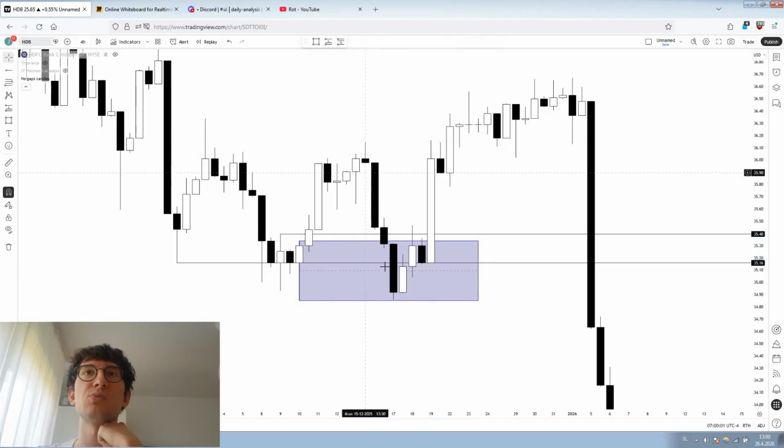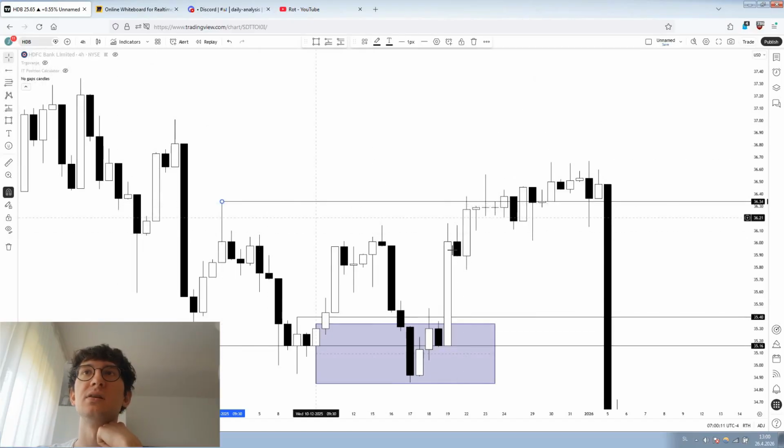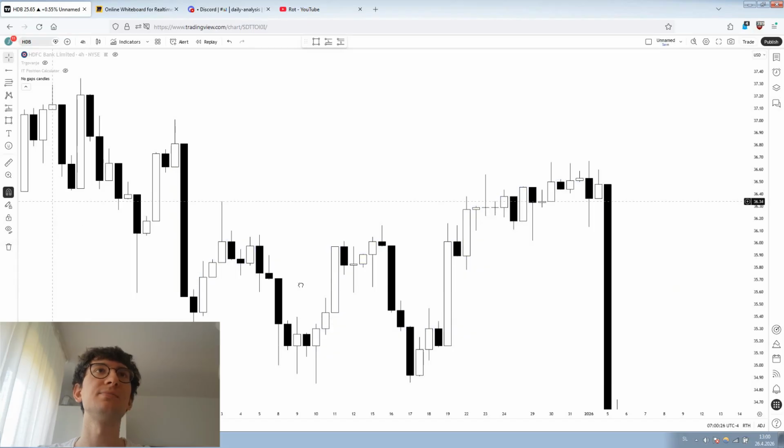You can see the price went inside, and then over here that would have been a short scalp, okay. Then it went higher and higher and higher. It swept all of this liquidity over here, okay. Additionally, what did the price do? The price bounced out of this bearish fair value gap and then continued lower and lower and lower, okay.